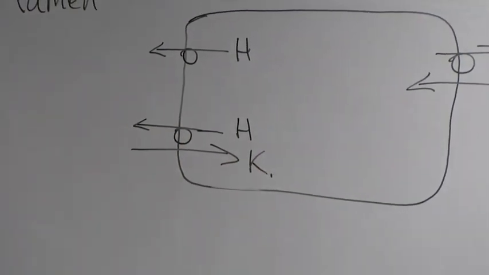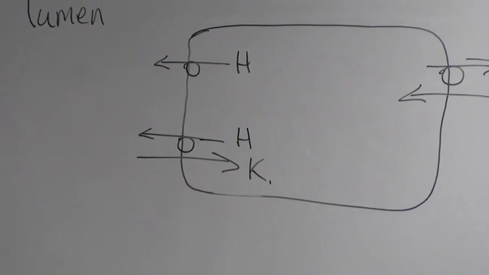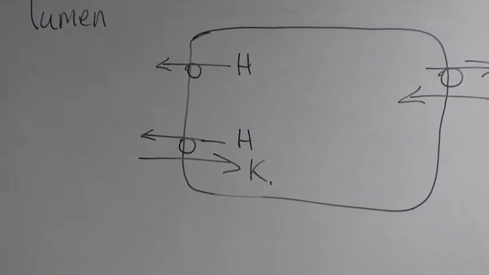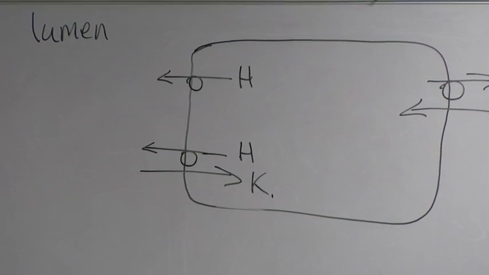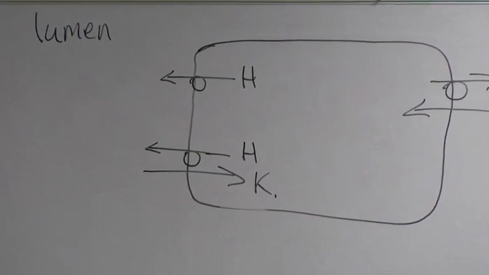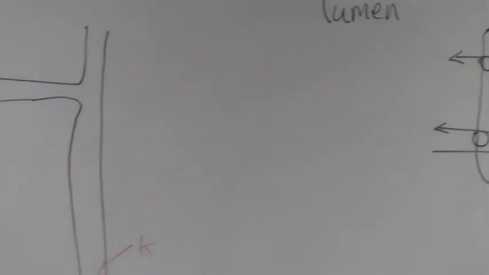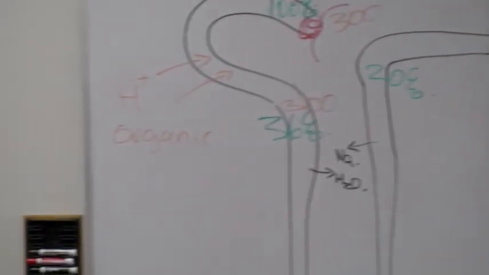But what I would like to convince you of is that, first of all, getting rid of acid is hard work. And we could do a lot in the proximal tubule, but this is kind of the final squeeze. We actually have some primary active proton transporters to really shove the last amount of acid out.